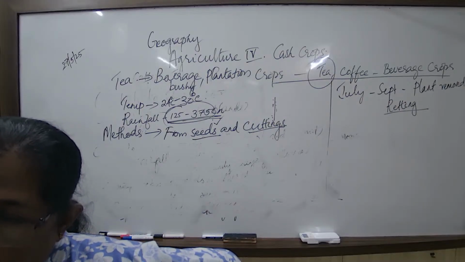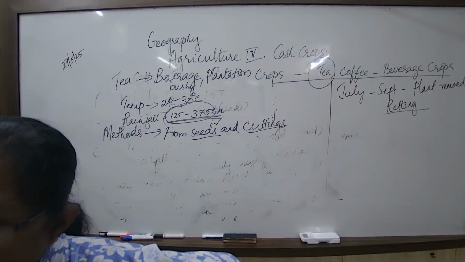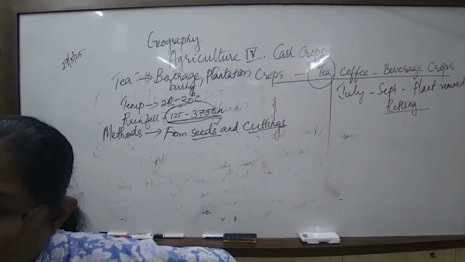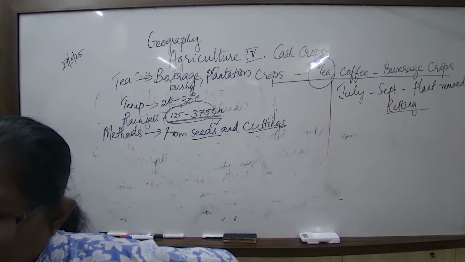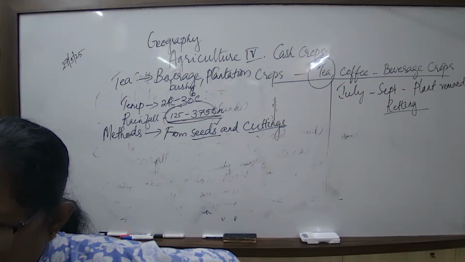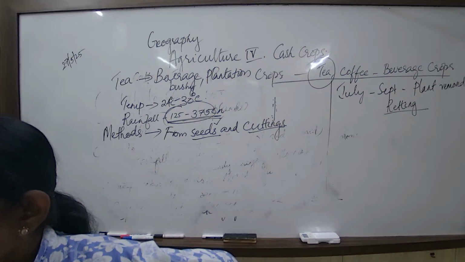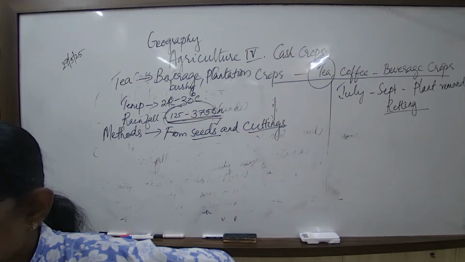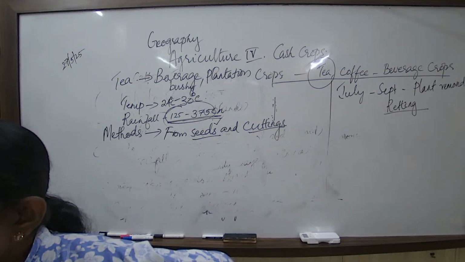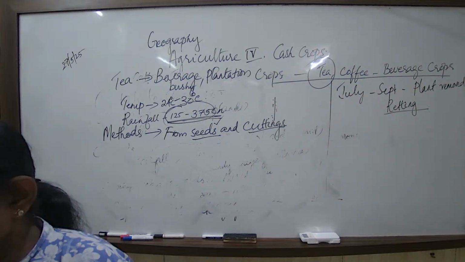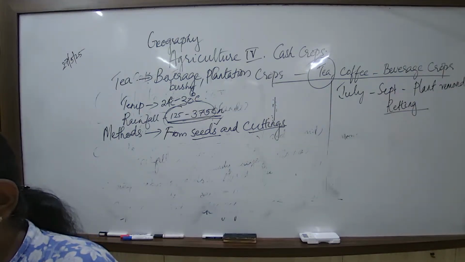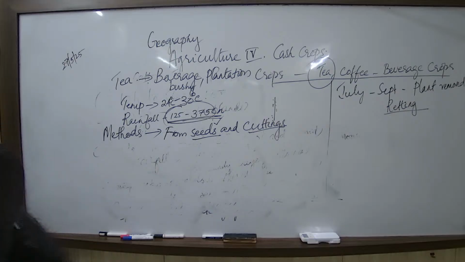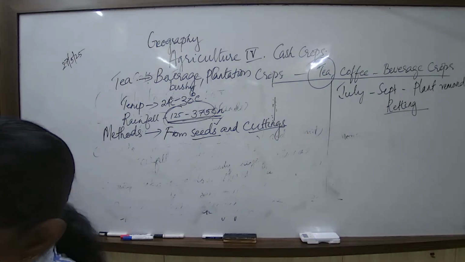Tea gardens are set up on hill slopes because of the high altitude providing the required climatic conditions, and the slopes protect the crops from annual inundations and stagnant water during the rains. Inundation you have learned in 9th standard. Inundation is the flow of water, while stagnation means still water.